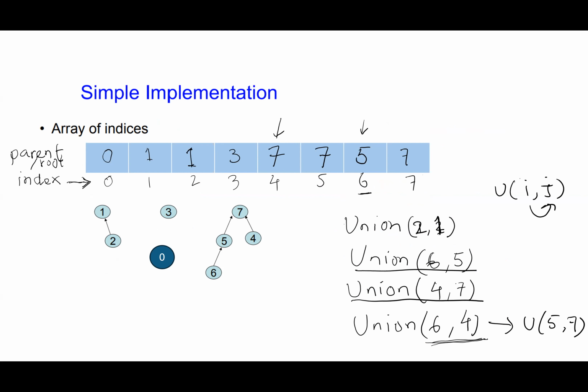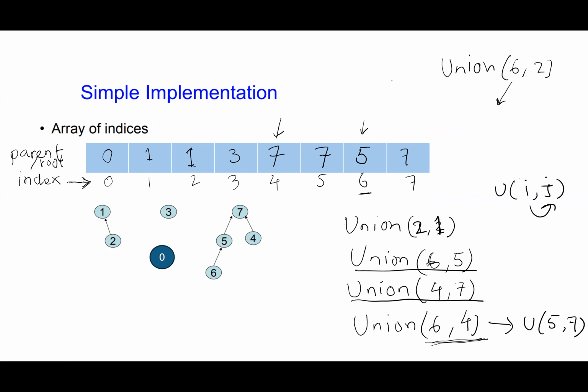Let's look at one thing here, and this is very important. Suppose I say union of 6 and 2, then what happens? For 6, I have to find the representative, right?